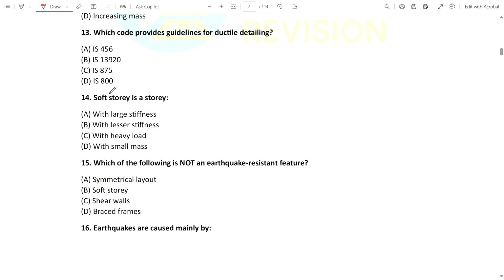Question number 13, options are IS 456, IS 13920, IS 875, or IS 800. Here option B is the correct answer. IS 13920 is the ductile detailing code.